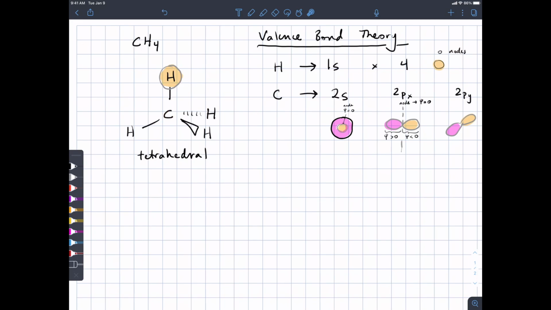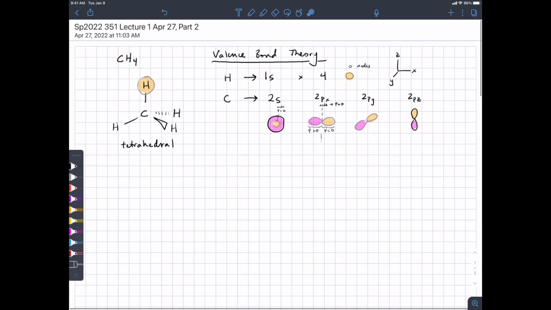The problem is that the angles don't work out, right? The 2s orbital is basically a sphere, so if we put it here, maybe we could make a bond in the same way that we made with hydrogen, right? Maybe they could overlap in phase.